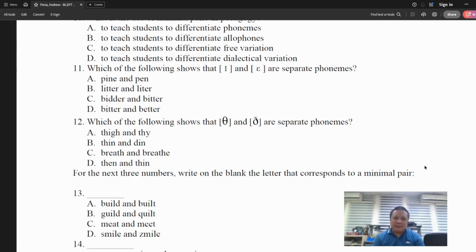Letter B, they're actually the same pronunciation. So it is with letter C, same pronunciation. But D, bitter and better, they involve the [i] and the [ɛ] as separate phonemes. Everything is the same except in the place where the [i] and the [ɛ] are located. So the answer is D, bitter and better.